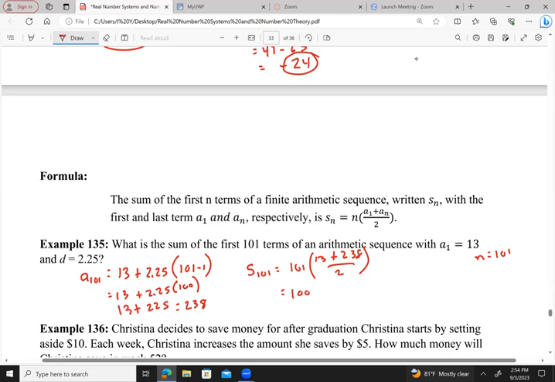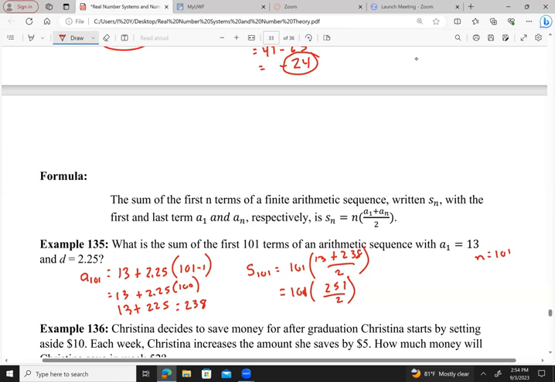And we have 101 times 251 over 2. And it appears that something is not correct, because 251 divided by 2, 125.5 times 101, gives me a decimal amount which cannot work.